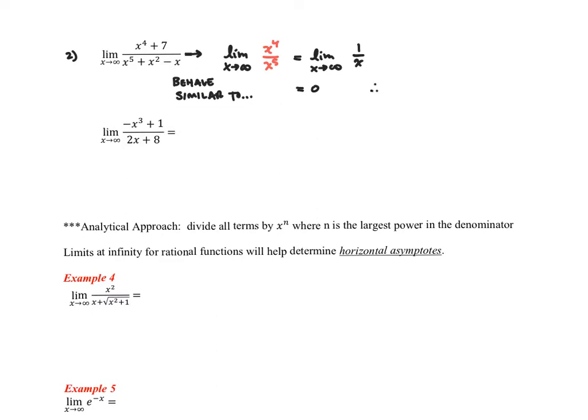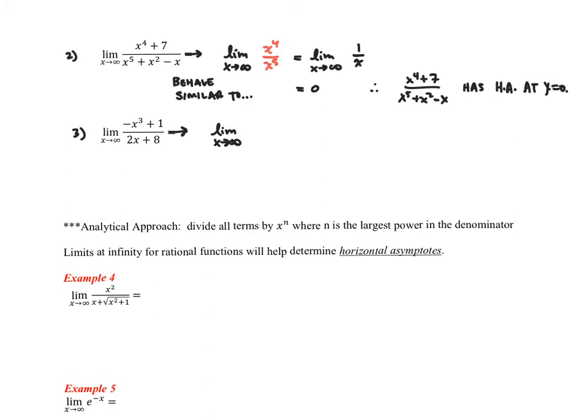Therefore, the function x to the 4th plus 7 over x to the 5th plus x squared minus x has a horizontal asymptote at, oops, not x, how about y? Yep, y equals 0. All right, for our last example, in the exact same fashion, we're going to find a comparable function as x goes to infinity and see how these trend. I'm going to drop the 1 and the 8.